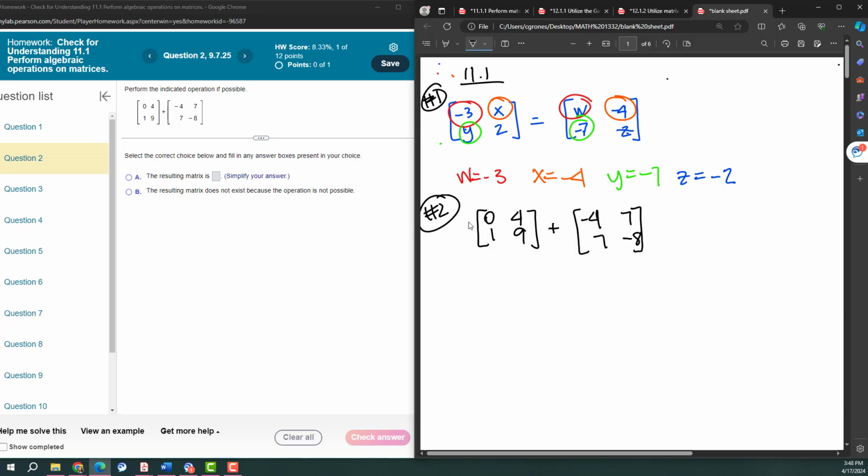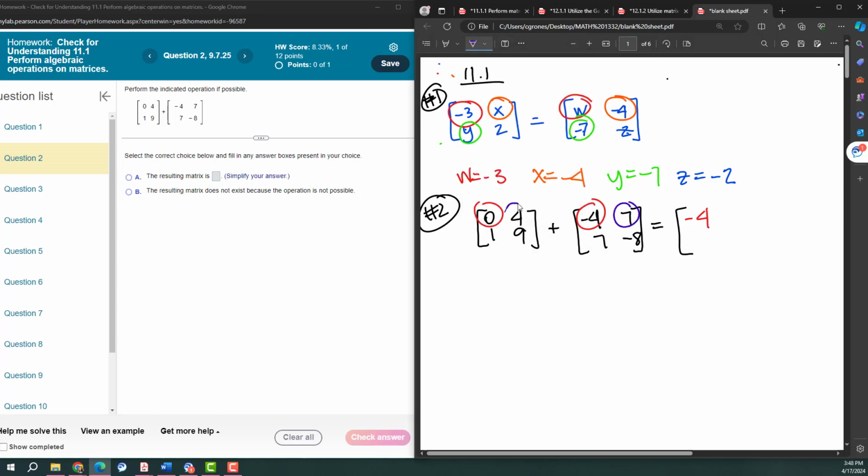Whenever we add these, the numbers that are in the same position are what we add together. So we have 0 and -4, and when we add those together, that equals -4.